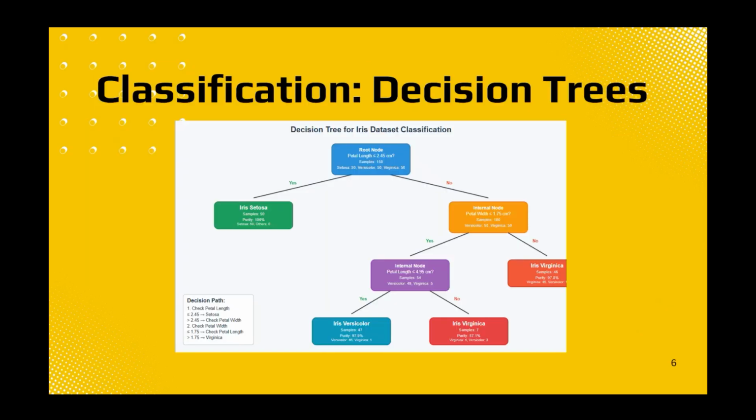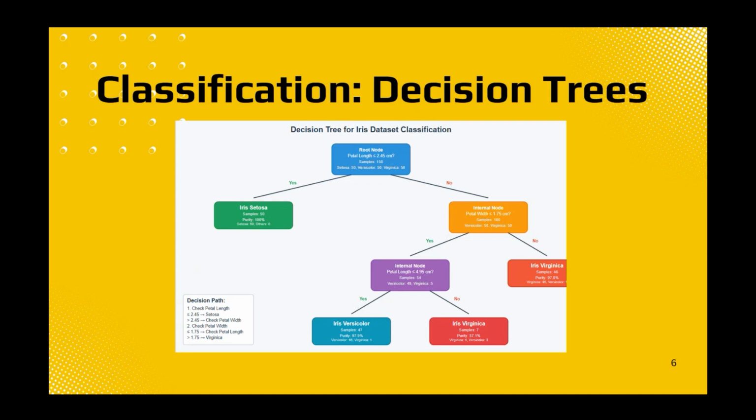And here is a decision tree on a very popular dataset called the Iris dataset. This dataset is about classifying flowers based on their petal length and some features like that.